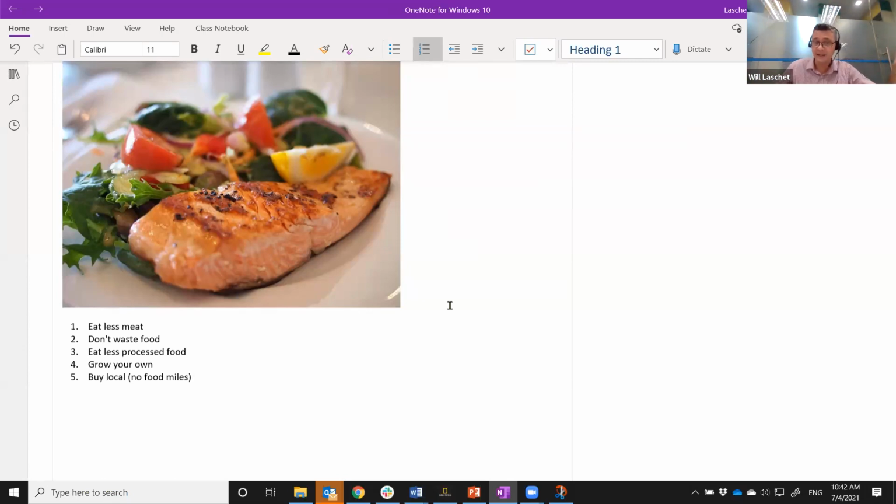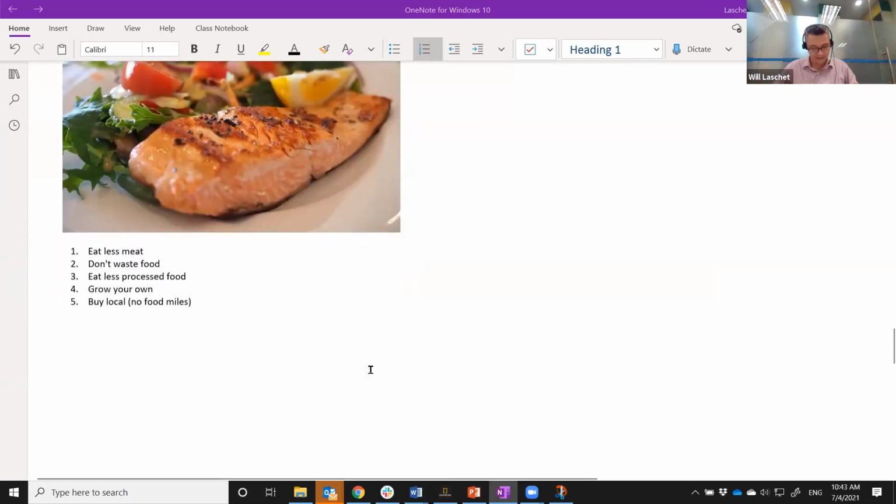If you buy something that's just grown down the road, there are no food miles. There we go. Only buy what you need. Some excellent ideas in here. Buy food from the farmer's market, eat organic. Upcycle your leftovers into new menus. So don't throw the leftovers away, make them into a new meal. Perfect. You've got some really great ideas there. Let's quickly go back and have a look at the writing now.